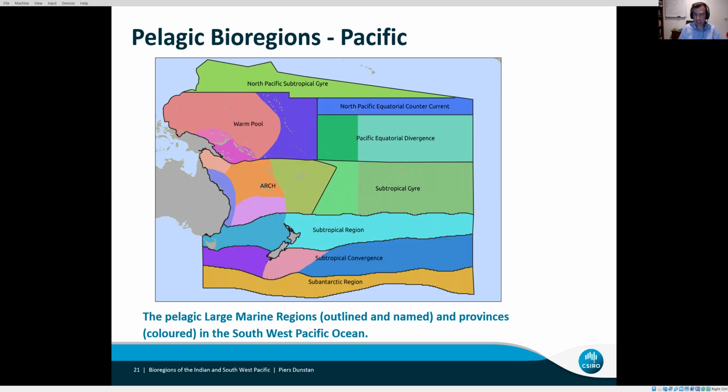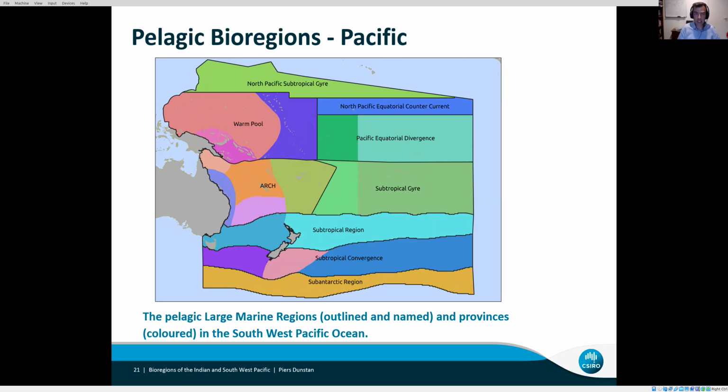In the subtropical regions and around the subantarctic, we are seeing very broad latitudinal patterns emerging that go over very long longitudinal areas, with the exception, as you can see here, for New Zealand, where some of the topographic features of New Zealand actually drive a lot of the differences in ocean dynamics. But then as we move north, we start to see more and more patterning occurring across longitudinal gradients.